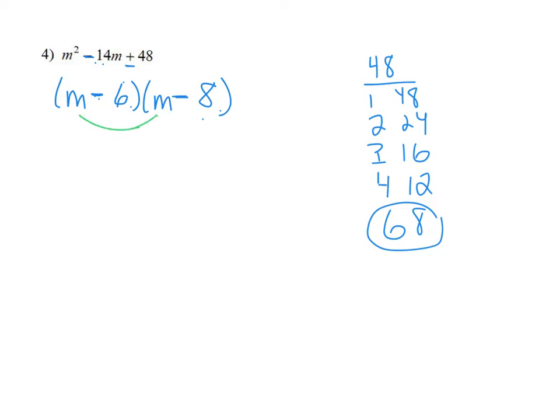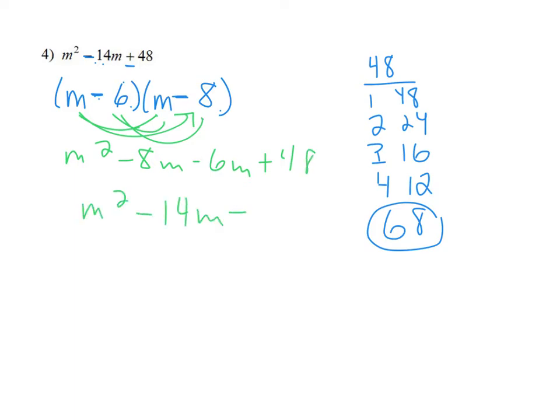So m times m is m squared. M times negative 8 is negative 8m, negative 6m, and 48. We get m squared minus 14m plus 48. Yay, that works. So our final answer is the quantity m minus 6 times the quantity m minus 8.